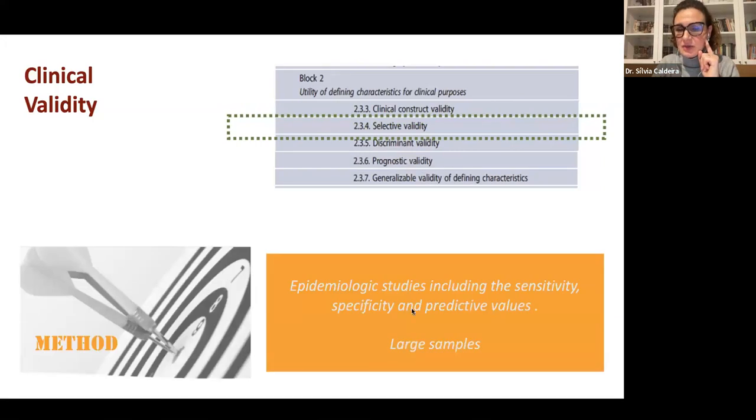And for this, we have, again, epidemiologic studies that also include the sensitivity, specificity, and predictive values. But we should be aware that we may need large samples to get all the statistics done with rigor and with transparency.